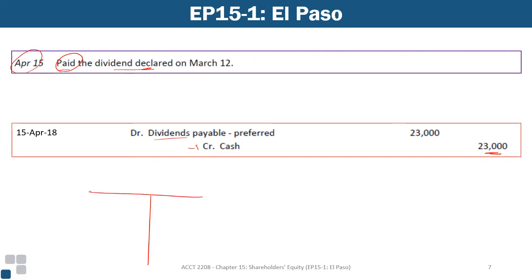So what we have in a dividend payable account, presuming that there's no beginning balance in there, we have a $23,000 credit in there for the declaration on March 12th, and then a $23,000 debit on April 15th, leaving us with a balance of 0 in the account, and the preferred dividends are then paid.